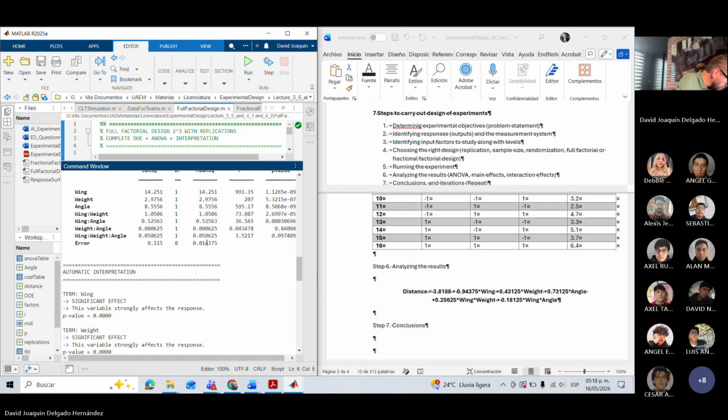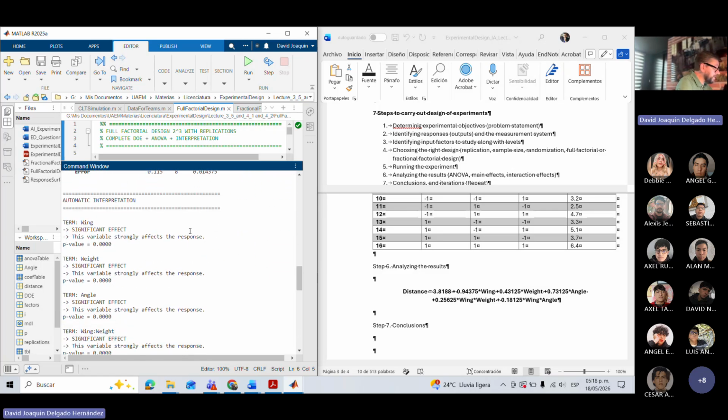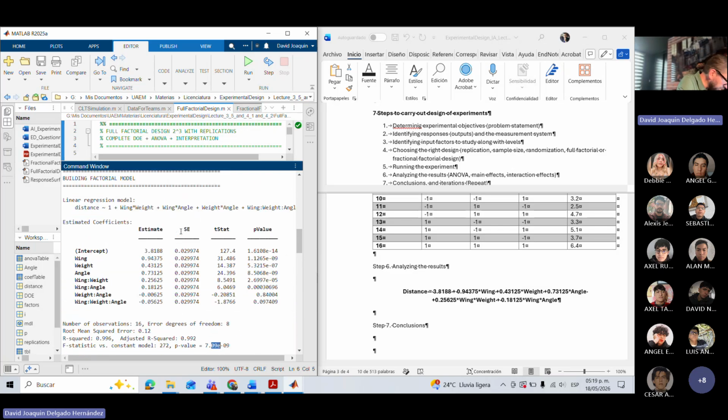What is the interpretation? Look, the interpretation is that the wing has a significant effect. This variable strongly affects the response variable, which is the distance. How do I know? Because the p-value is practically zero. It's a very small p-value. We can see here, which is 1.6 to the minus 14.